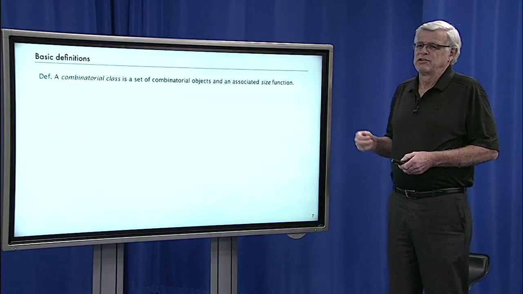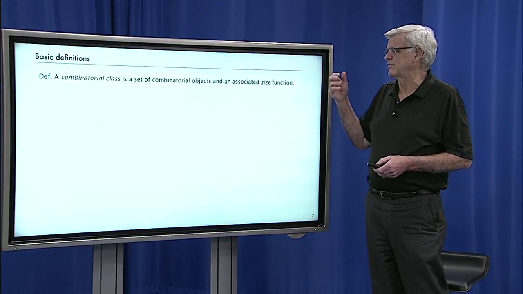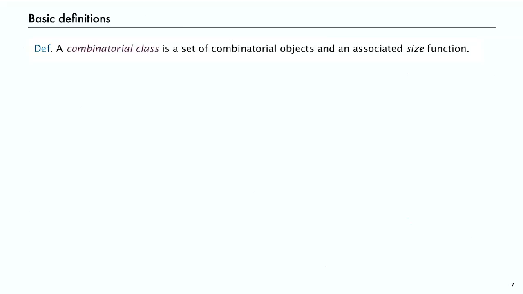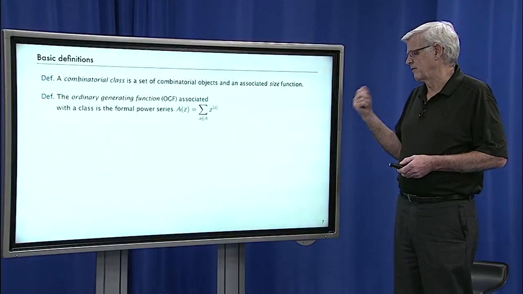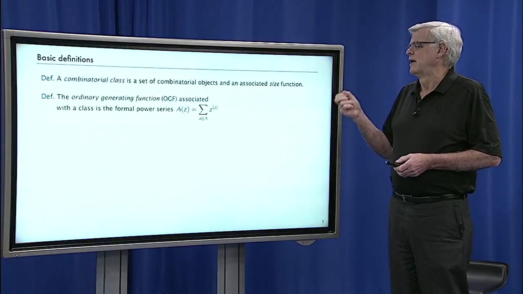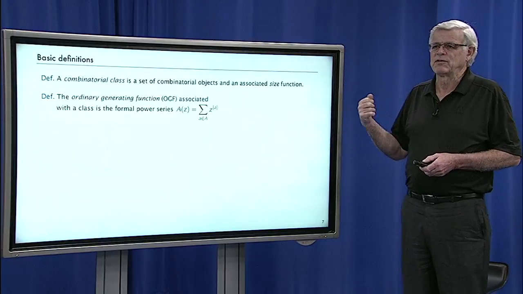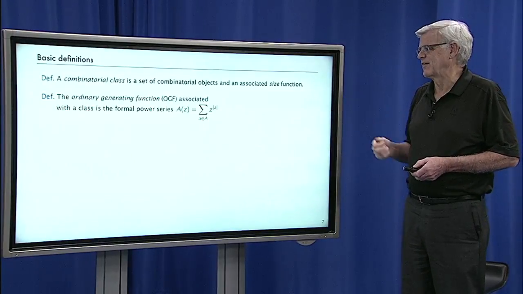So basic definitions. A combinatorial class is a set of combinatorial objects and an associated size function. That's our starting point. That's the object of study. Today what we're going to talk about as a primary object of study is the ordinary generating function associated with the class. And that's a formal power series where you have a variable z, and you sum for all objects in the class z to the size of that object.